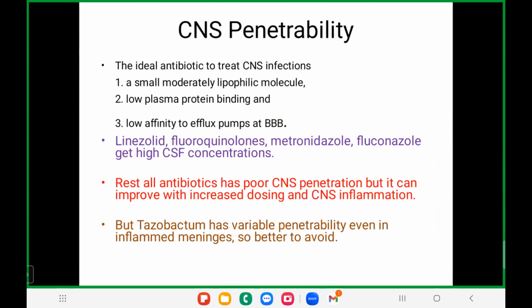But many of the drugs we use for meningitis can penetrate the CNS when there is ongoing inflammation. That's why we sometimes need to give higher doses of the normal antibiotics for meningitis. Regarding piperacillin-tazobactam, piperacillin has some good penetration, but tazobactam has poor penetration, so it is better to avoid it.